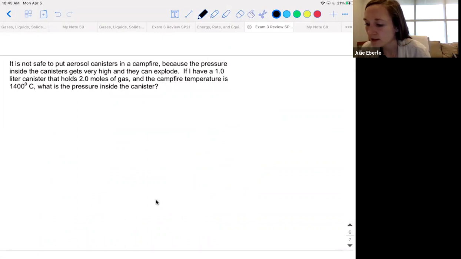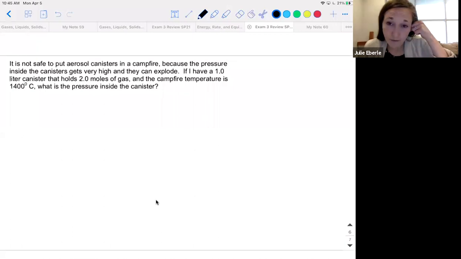Got a lot of cans and fires. I was telling the morning session, this says it's not safe to put aerosol canisters in a campfire. So believe it or not, my husband does a lot of woodworking. He loves to build tables and stuff, so he has a lot of different finishes or stains. And he will throw anything into a campfire. Styrofoam, canisters left over from whatever.